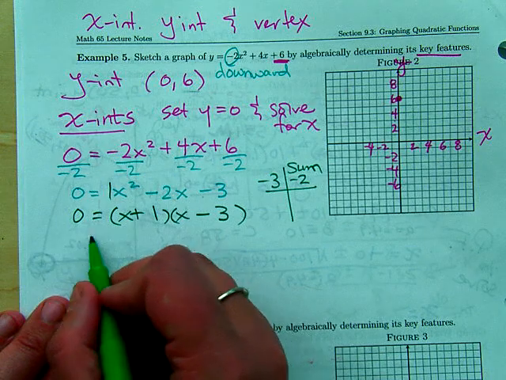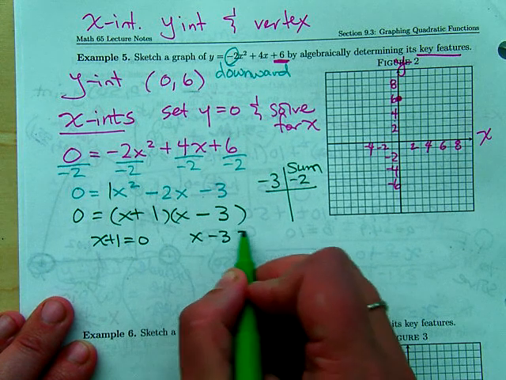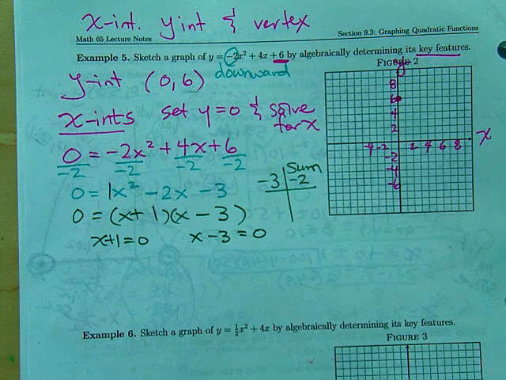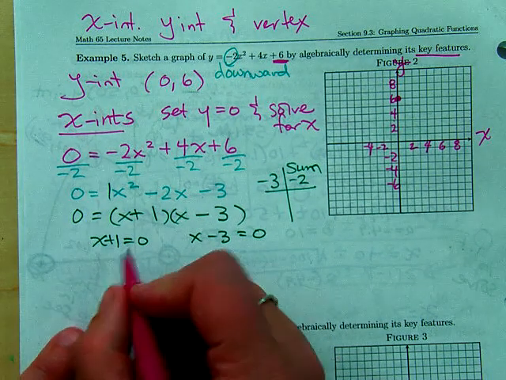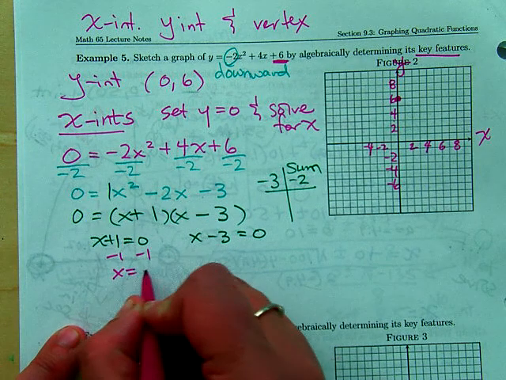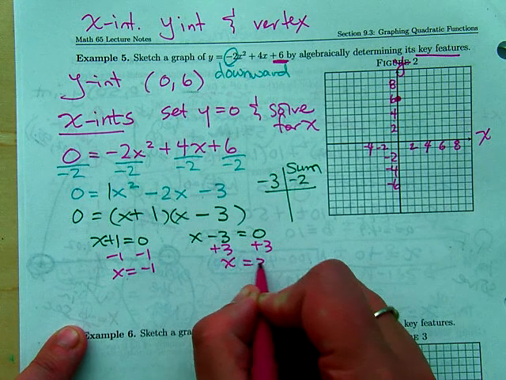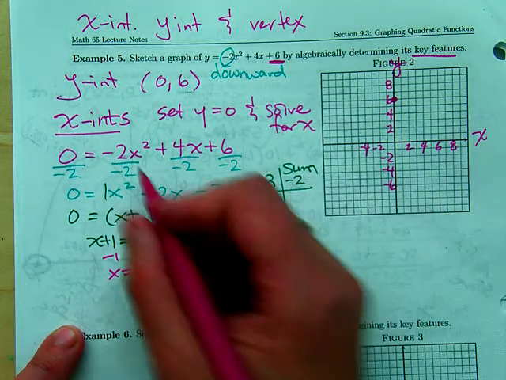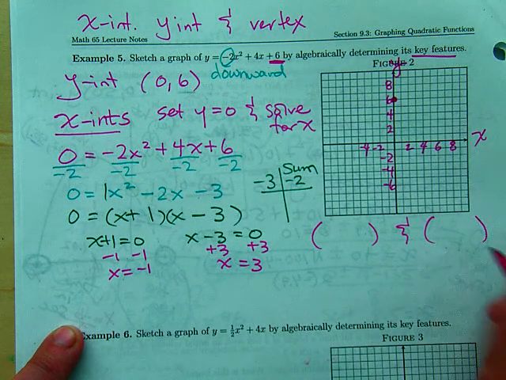Who can tell me then, if I have x plus 1 equals 0, x minus 3 equals 0, what are the x values, our solutions? Yes, x equals negative 1, and x equals 3. Good. So now tell me our x-intercepts as ordered pairs.